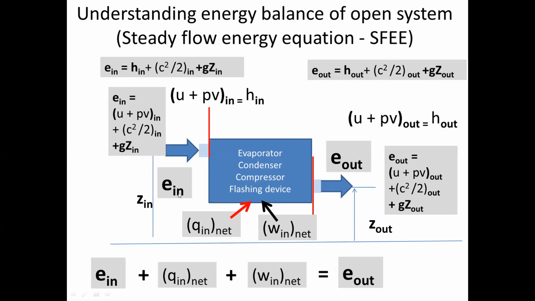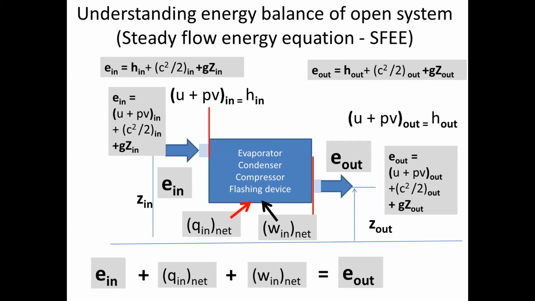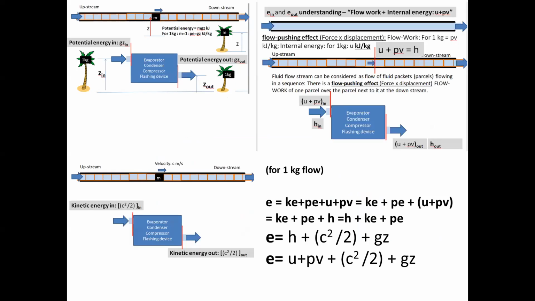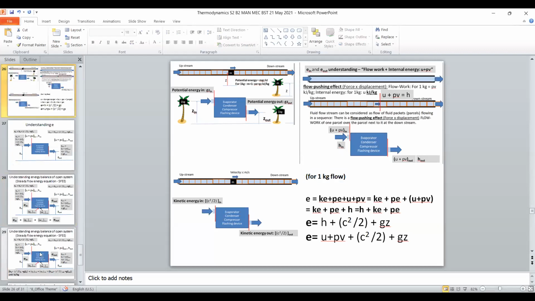The same. I put E in detail and E out in detail. Unit: this is for 1 kg, so per kg, small letters for specific values. This is for 1 kg, obviously. Okay. One kg.